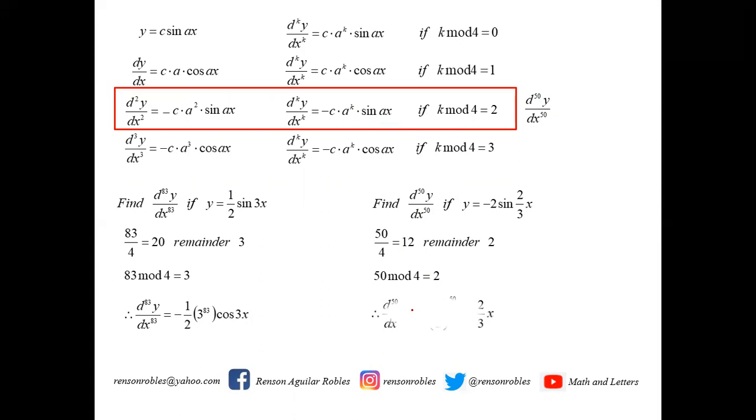That's negative from the formula, and since c is negative 2, you copy 2/3 and raise it to the 50th power, and then you affix sine 2/3 of x. So negative times negative 2 is positive 2, then 2/3 raised to the 50th power, then sine 2/3 of x.